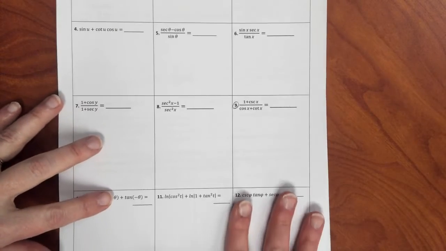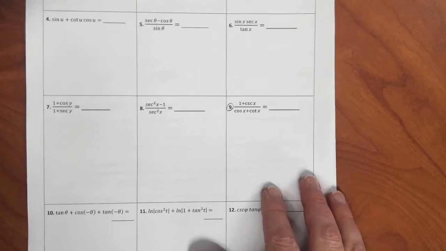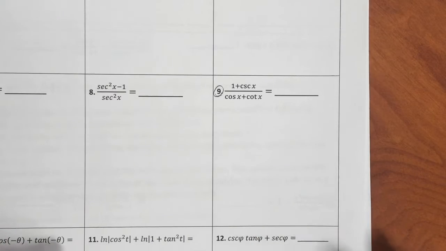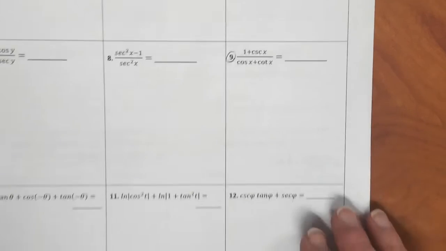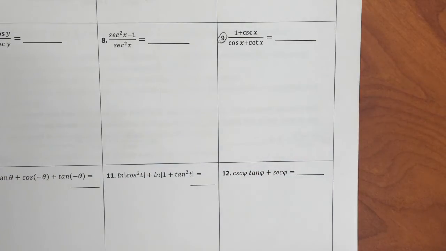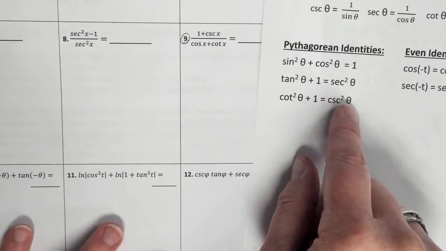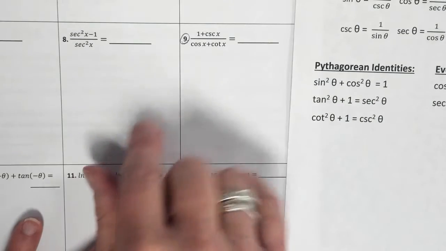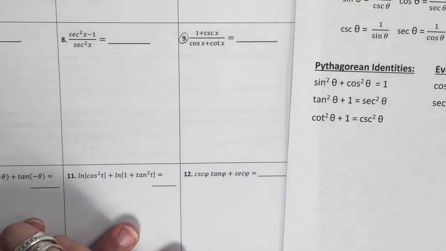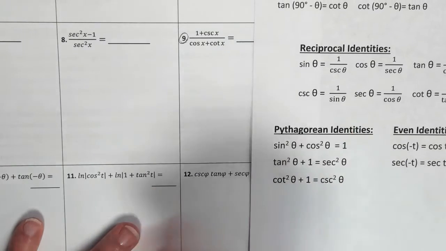All right, number 9. Number 9 says 1 plus cosecant over cosine plus cotangent. When I look at that, I first try to see, is there anything squared? Can I use any of these Pythagorean identities? No, I can't do that. I've got a 1 plus cosecant. Cosecant, if I remember from the reciprocal identities, is 1 over sine.